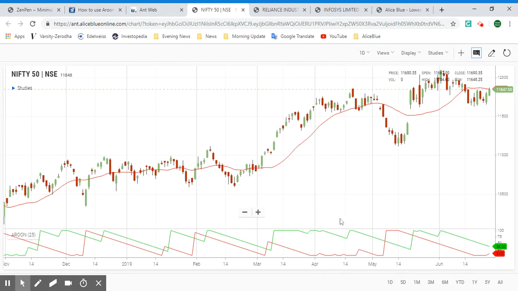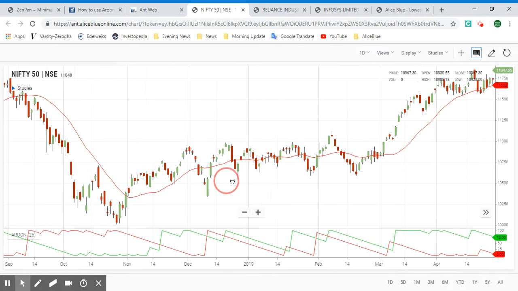And let's look at one more signal. Let's look here. Here we have a peak, but this difference is not large enough. So this is slightly risky. It's better to avoid this. Let's go a little back.